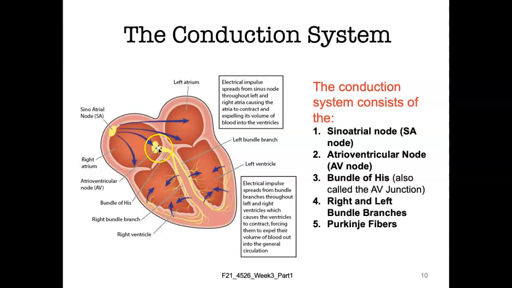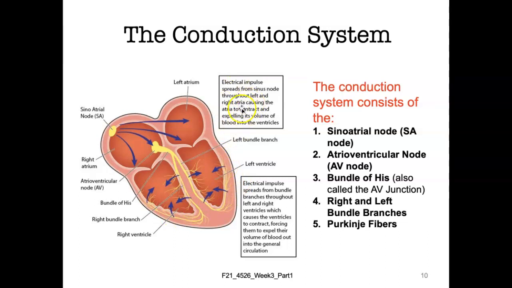The electrical impulse travels to the AV node, down through the bundle of His, down through the right and the left bundle branches, and up through this side, which is the Purkinje system. The Purkinje system is these fibers coming up the outside of the ventricle.